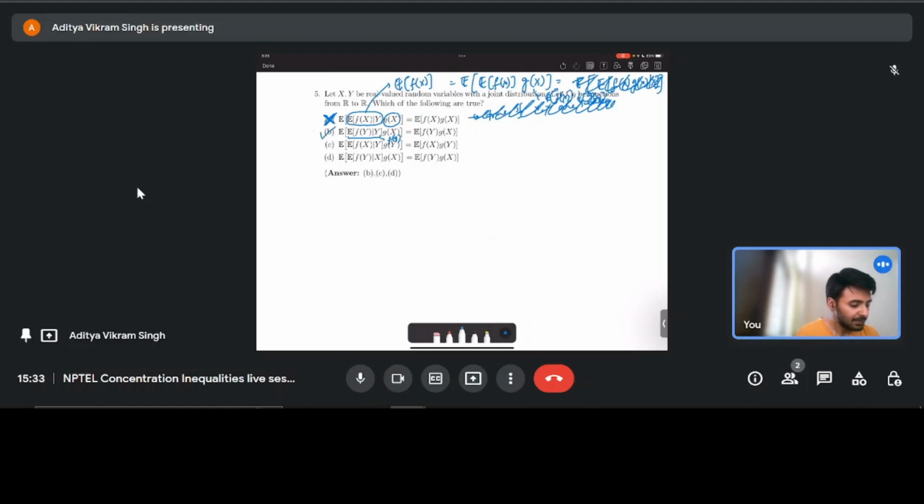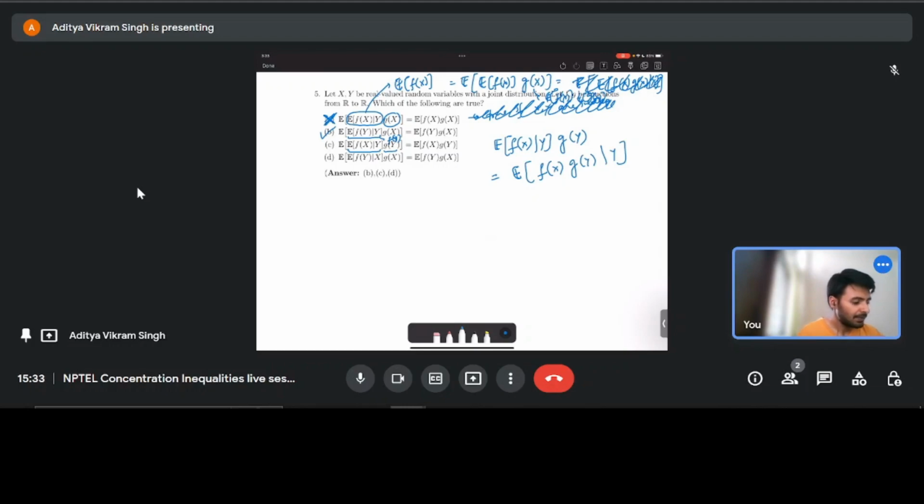C is the expected value of f(x) given y times g(y). We can also write this as the expected value of f(x) times g(y) given y. And why can we write this?